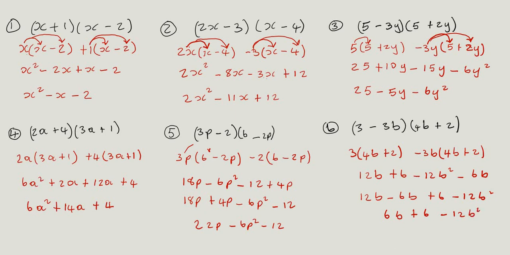And this is always a quadratic, so we can always rearrange it and put the square term first. So if we rearrange it, it would be minus 12b squared plus 6b plus our constant 6. And that's it.